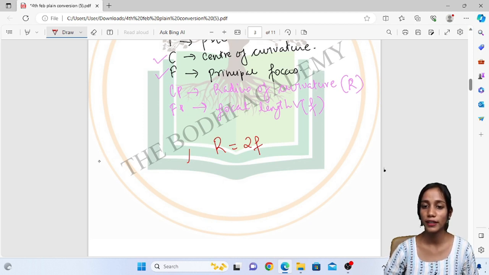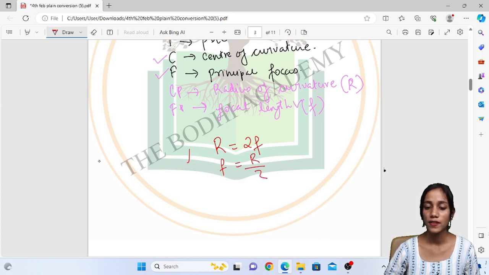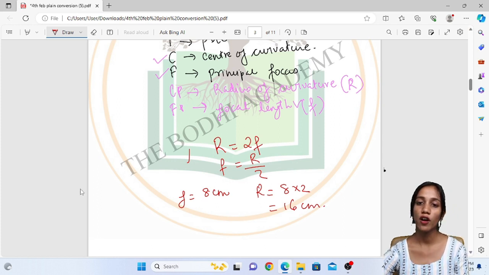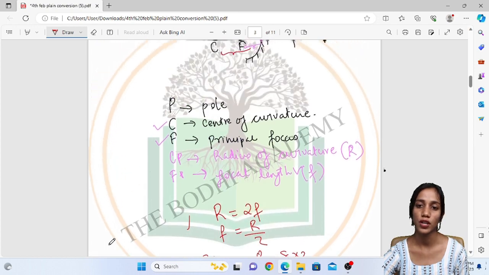This can also be written as f equals R by 2. It means if the focal length is 8 centimeter, then R will be 8 times 2, which is 16 centimeter. So this is the first formula from this chapter which we need to study.